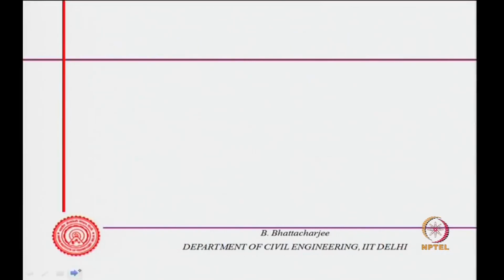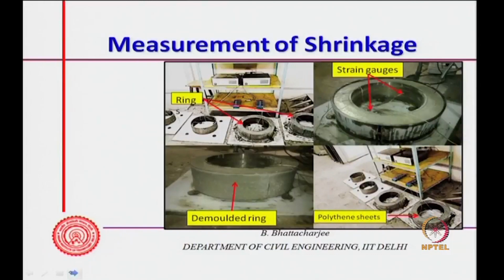This is called the ring test, and typically it looks like this. You can see the concrete here and the outer ring, the inner ring somewhere there, and on the inner ring you put in strain gauges. This diagram is showing the demolded specimen covered with polythene sheet, with the inner ring still intact, and this is also showing the ring situation.